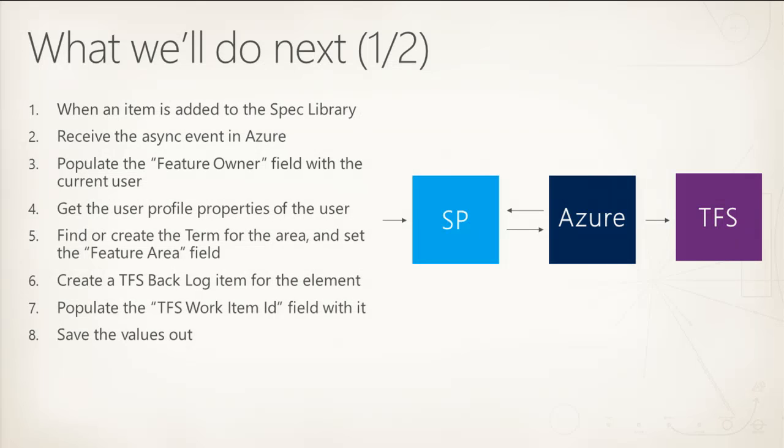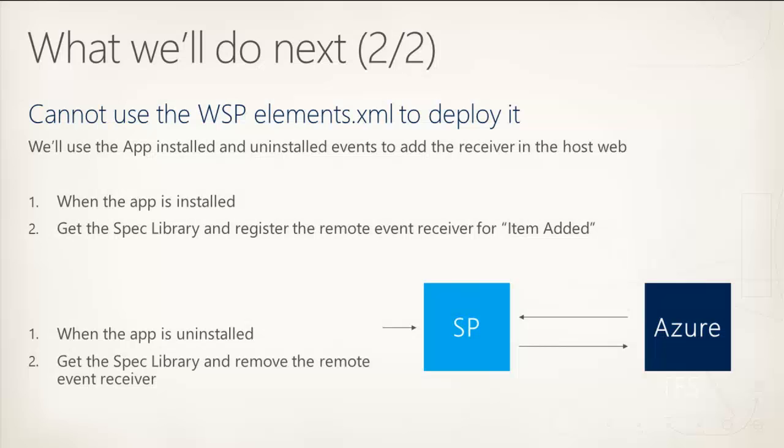So what we're going to be doing is writing the remote event receiver, which is going to basically populate the feature owner, get the profile properties, create the term, populate the feature area, create the TFS item, and populate the item. And then we're going to plug that event receiver into the list that lives in the host web. And for that, we cannot use the element XML.